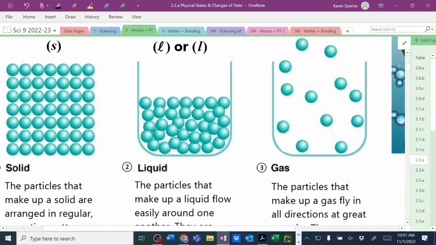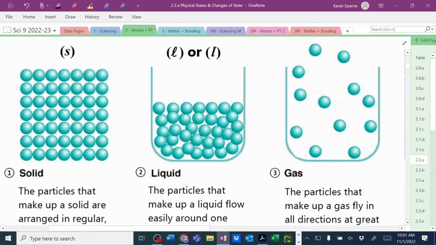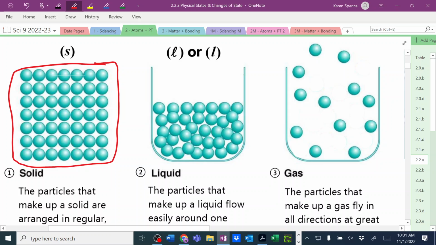Now, I'd like you to take a look at the structure of a solid. Describe that structure to your friend. Like, what does it look like? What would let you know that this is a solid? Try and describe that structure to your friend.